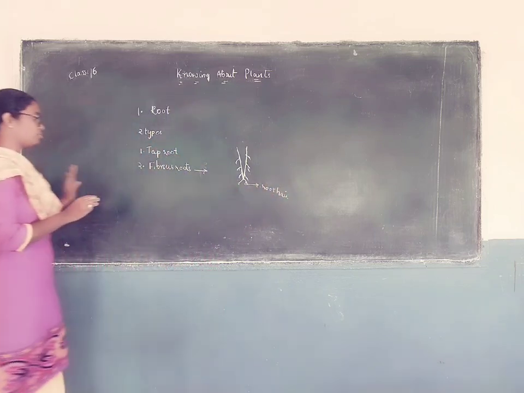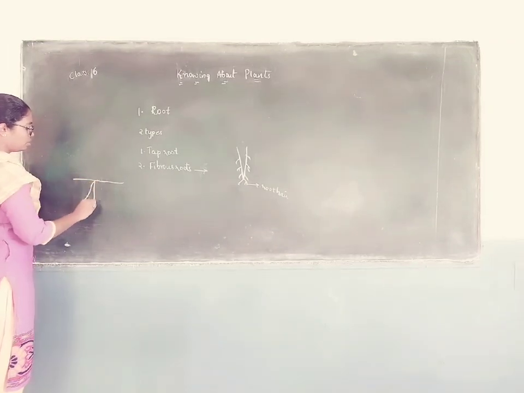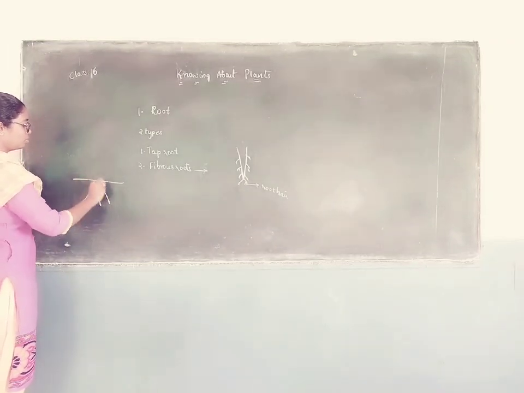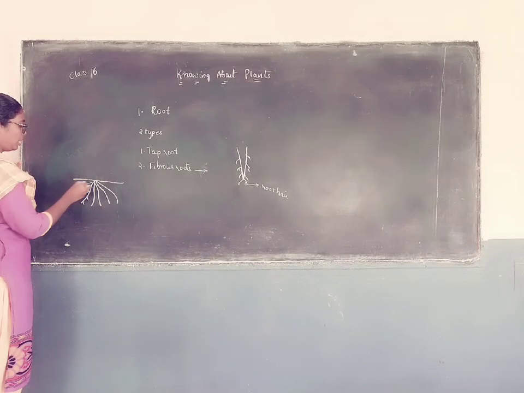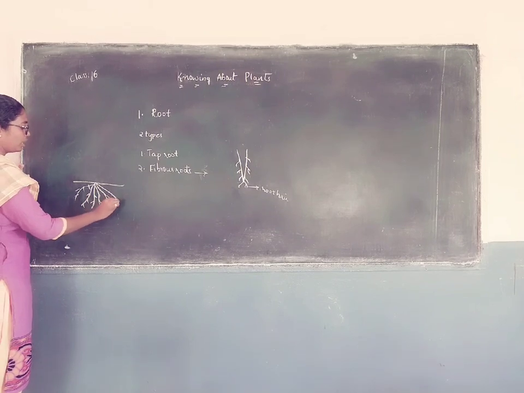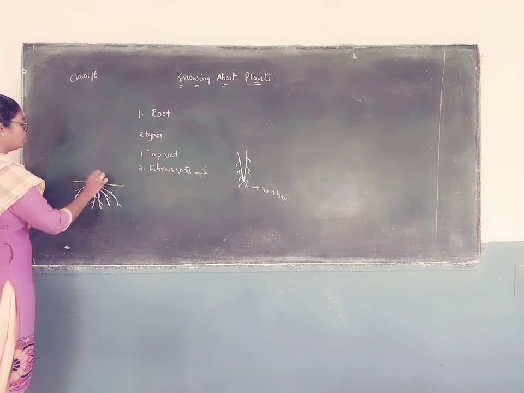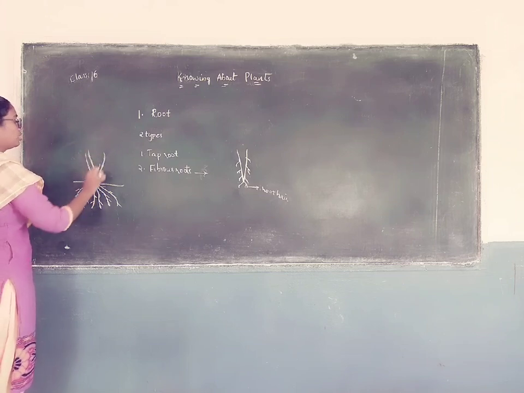In the fibrous root, it does not contain any main root, so it is arranged irregularly. This is fibrous roots, and this can be seen in the grasses.